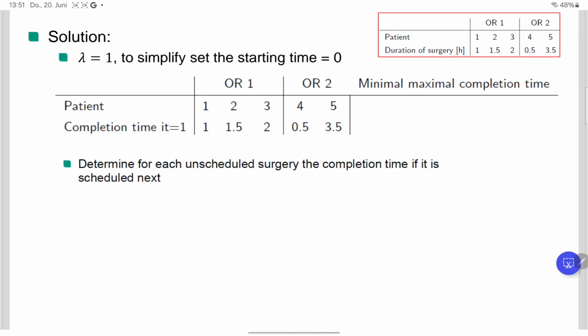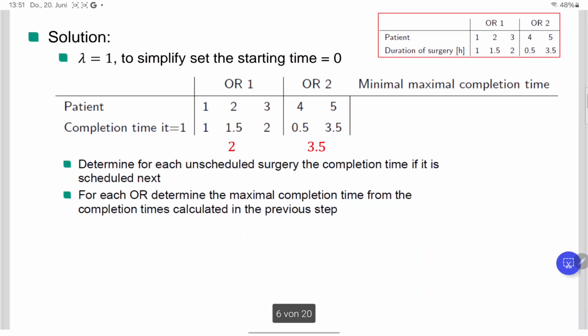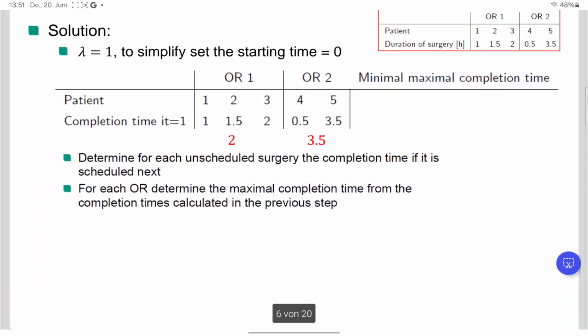Next is to determine, for each operating room, the maximal completion time. Obviously that would be 2 here and 3.5 here. It's also written down.